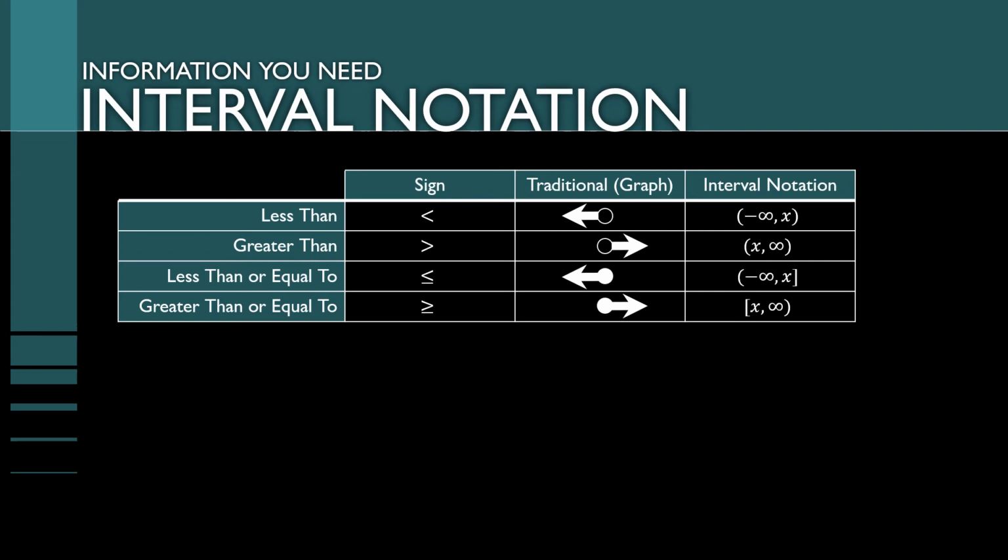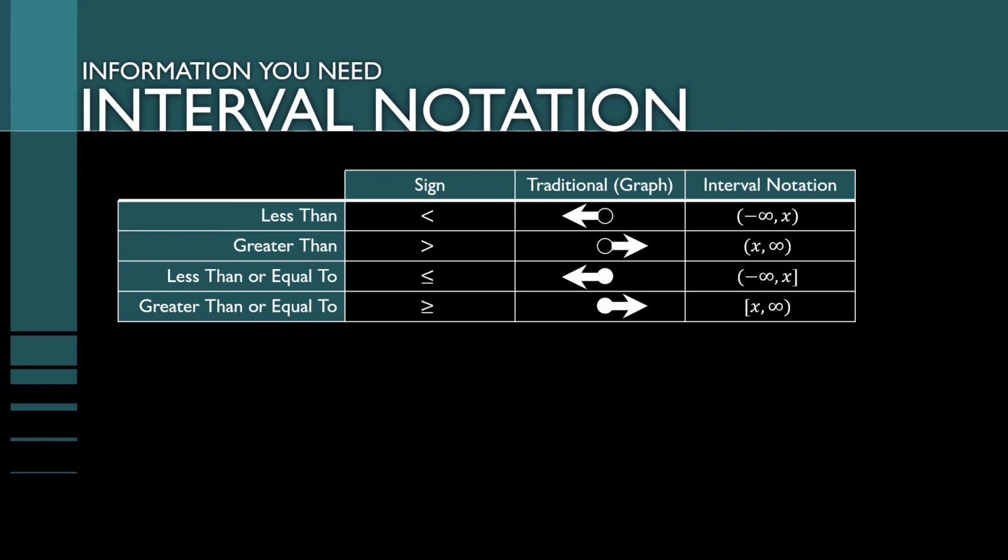For greater than, we're thinking, okay, where on the number line would our circle be in relation to the arrow? In this case, the circle would come before the arrow, and that's the way we're going to do the interval notation as well. So if we had x is greater than 3, we would use the open parenthesis, and remember, the open parenthesis represents the same thing the open circle does, which is that that particular point on the number line is not a solution to this inequality.